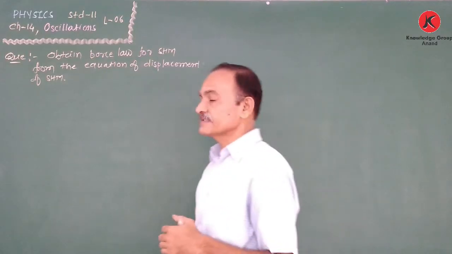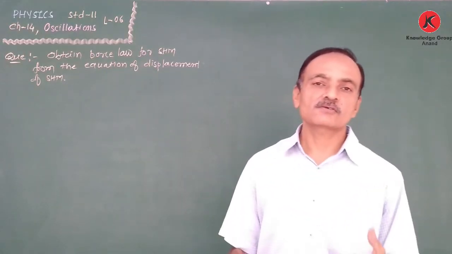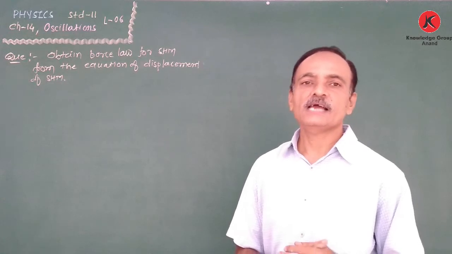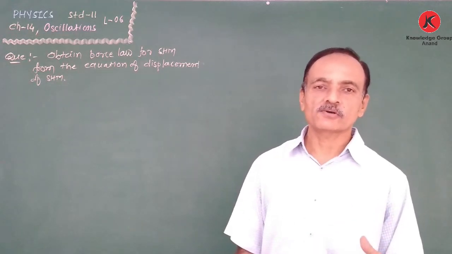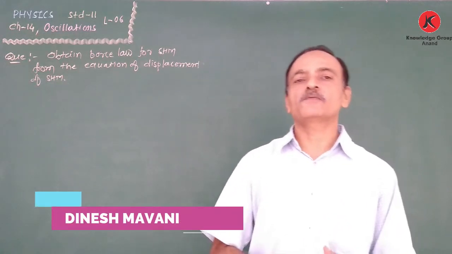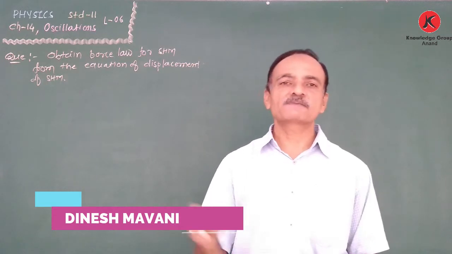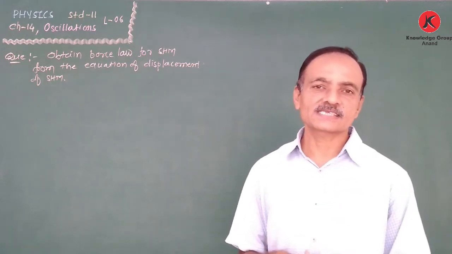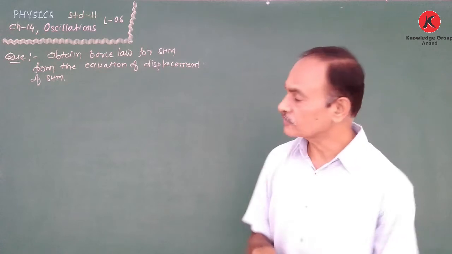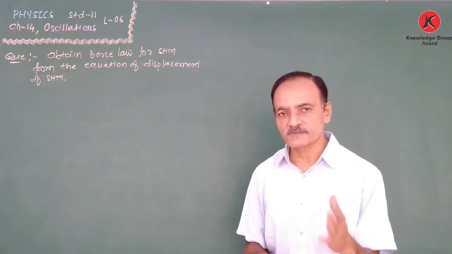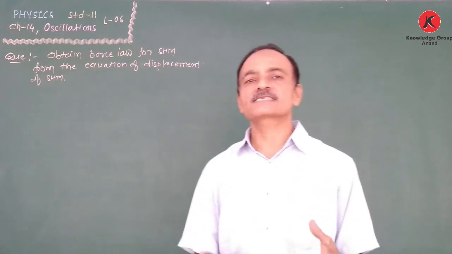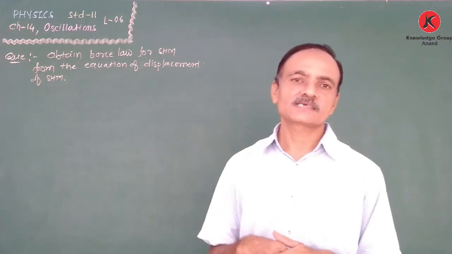Friends, last time we discussed the equations of velocity and acceleration, and at which point of the path or displacement the velocity and acceleration are maximum. We also drew the graphs of displacement versus time, velocity versus time, and acceleration versus time.